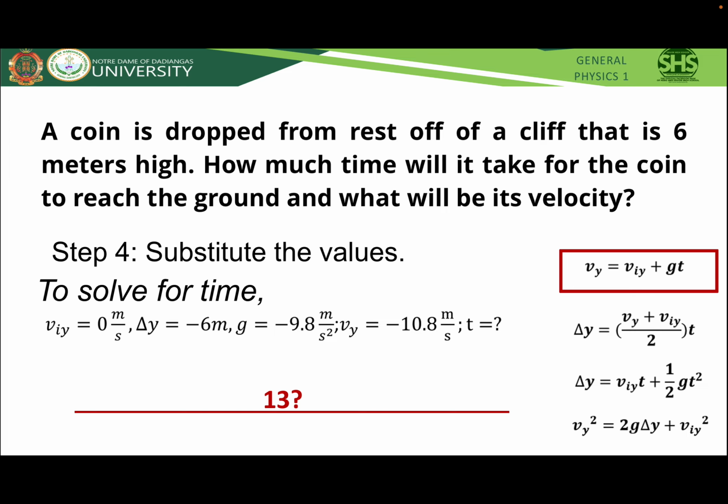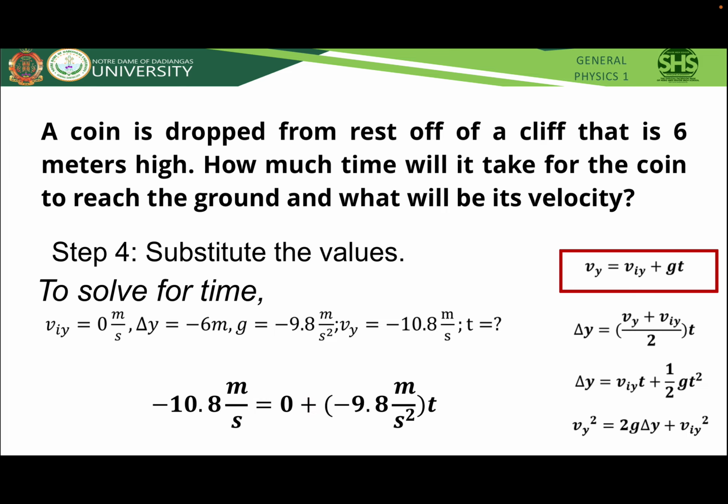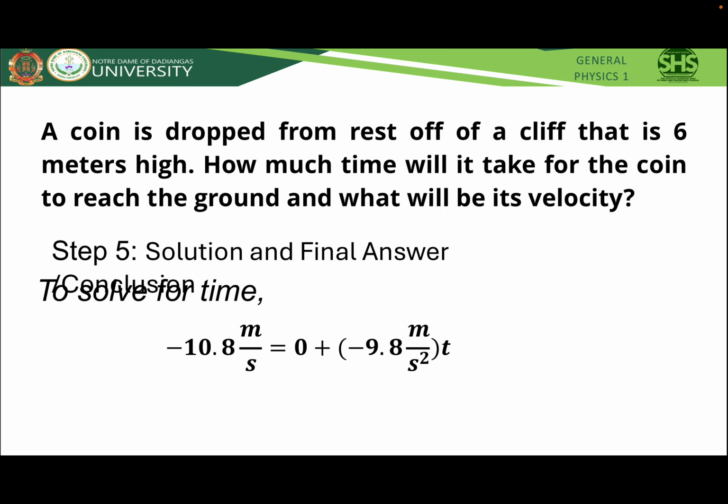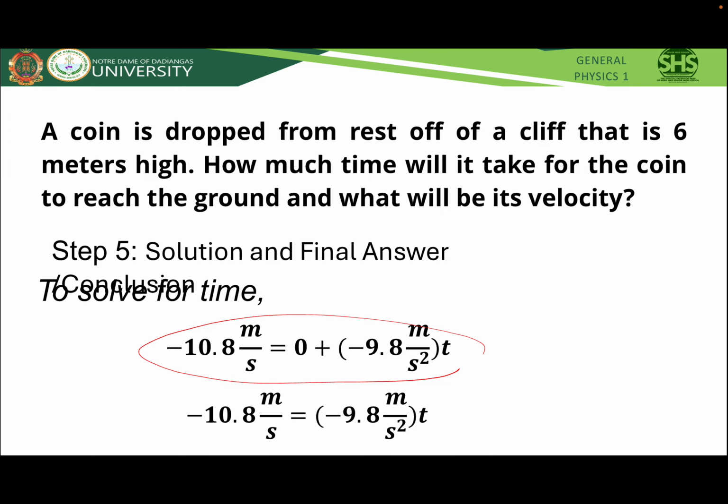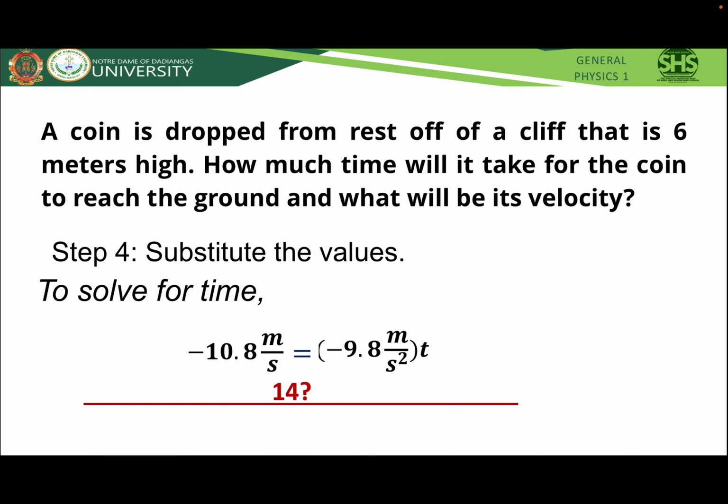Okay, let's substitute the values. Again, final value, negative 10.8. Our initial value, 0. And then 9.8. And then our T. Next. Okay? So, ito na ang ating equation. Now, for us to somewhat solve for the T, okay, all we need to do is, kanina to yung 0, no, of course, mawala na yan, maka-cancel out na yan.